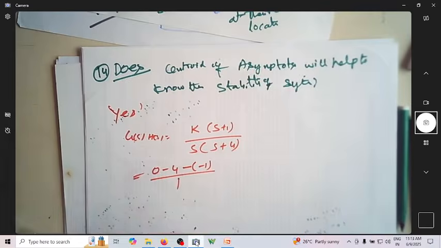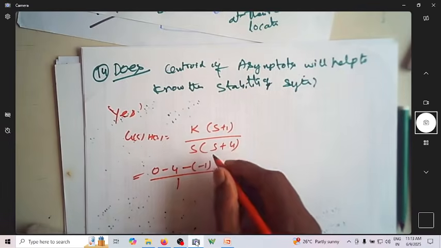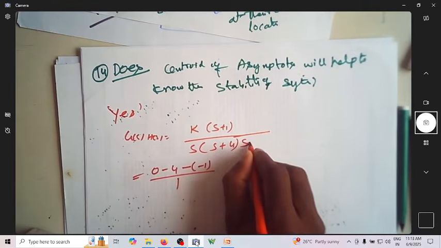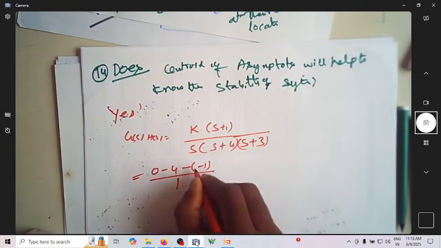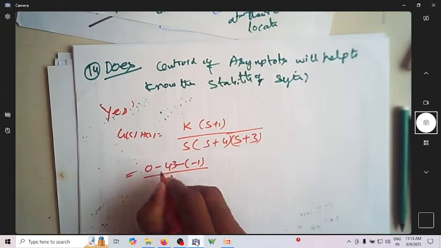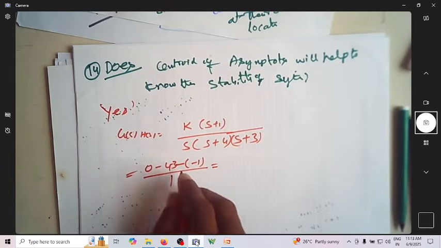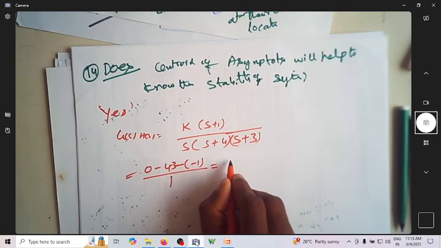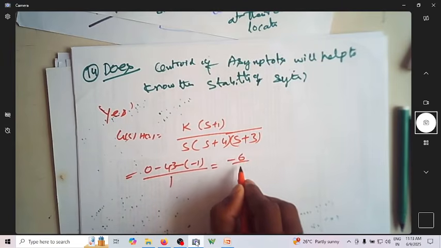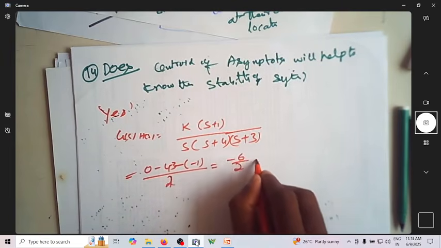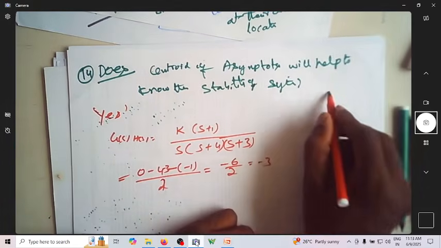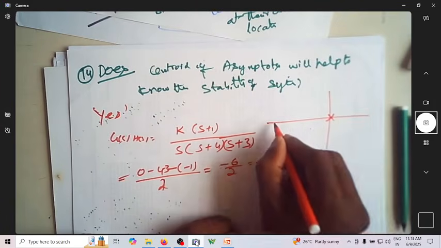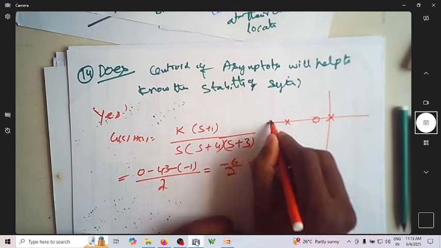Or let me take one more pole, s plus 3, so this is another minus 3. So now this is minus 6 by 2, that is minus 3. Now you have this here, this here, this here.